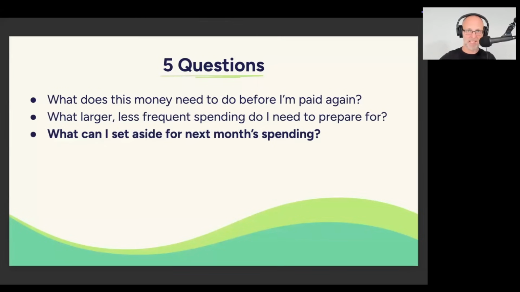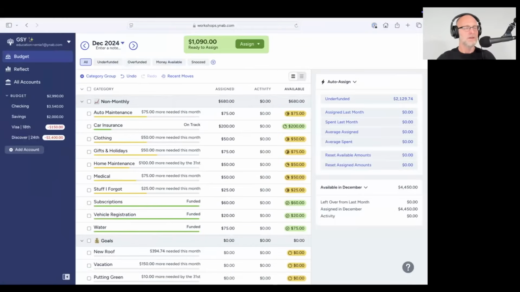Another question I'm going to ask myself as I'm thinking through how to prioritize that money: what can I set aside for next month's spending? So I'm going to start thinking about next month.